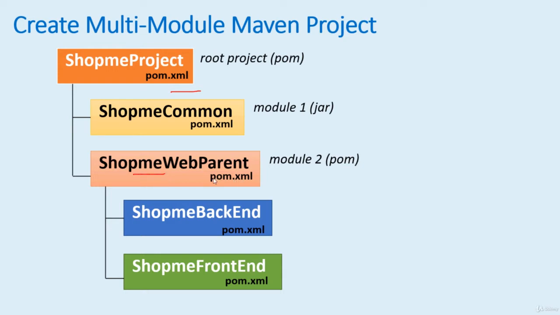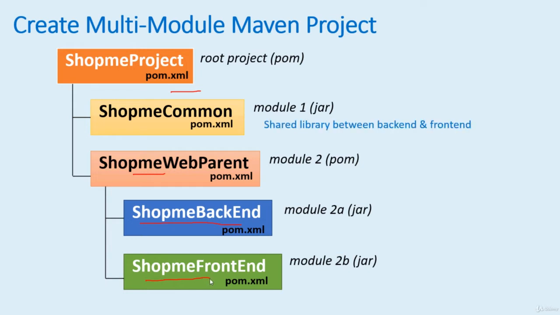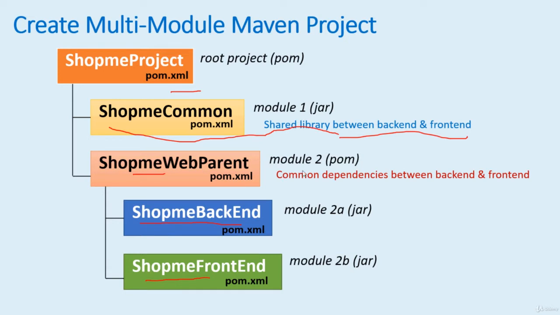Inside module 2, we will have two submodules: module 2A for the admin application, the project name is Xiaomi Backend, and module 2B for the shopping application, the project name is Xiaomi Frontend. The project Xiaomi Common is for developing the shared library or shared code between the backend and frontend applications. And module 2, the project Xiaomi Web Parent, is for having the common dependencies between the backend and frontend applications.